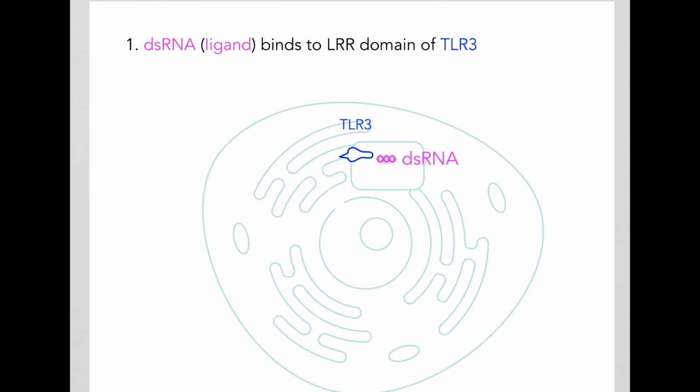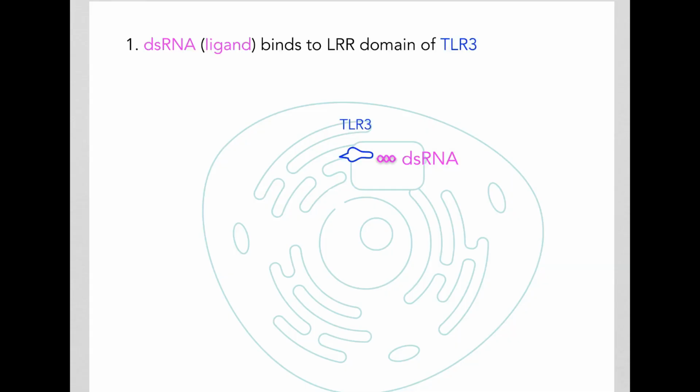As before, it starts with the ligand binding to the receptor. In this case, the receptor is TLR3, and the LRR domain of TLR3 will bind the ligand, which in this case is double-stranded RNA.